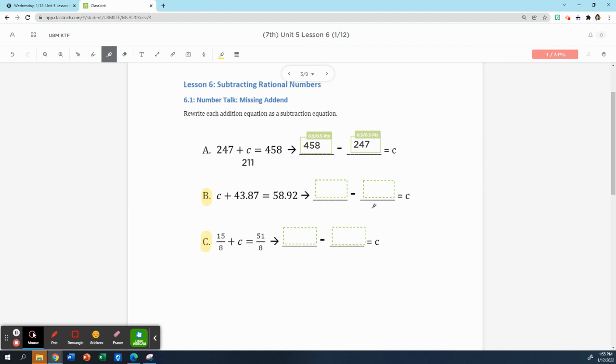Okay, so you'll be able to see whether your answers to B and C are correct based on whether the boxes light up. The important thing about this question is that the sum, 458, is what we are subtracting from.